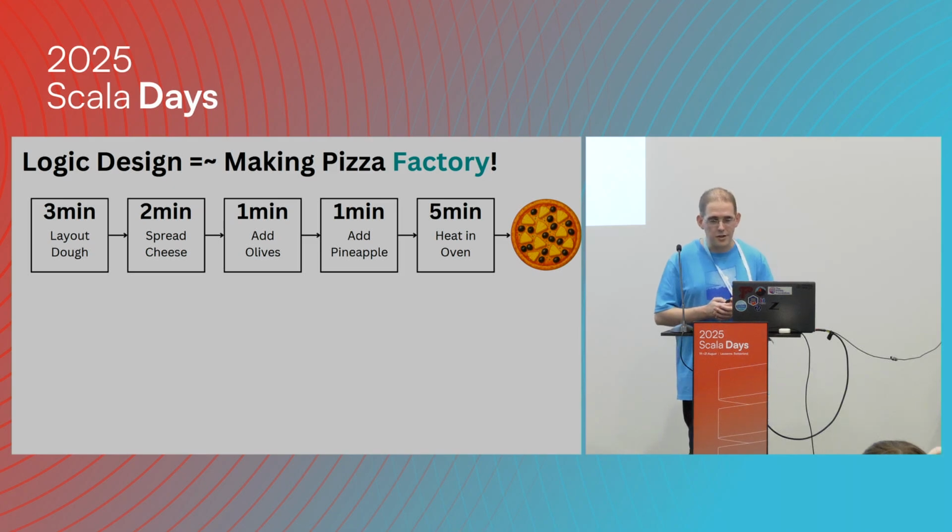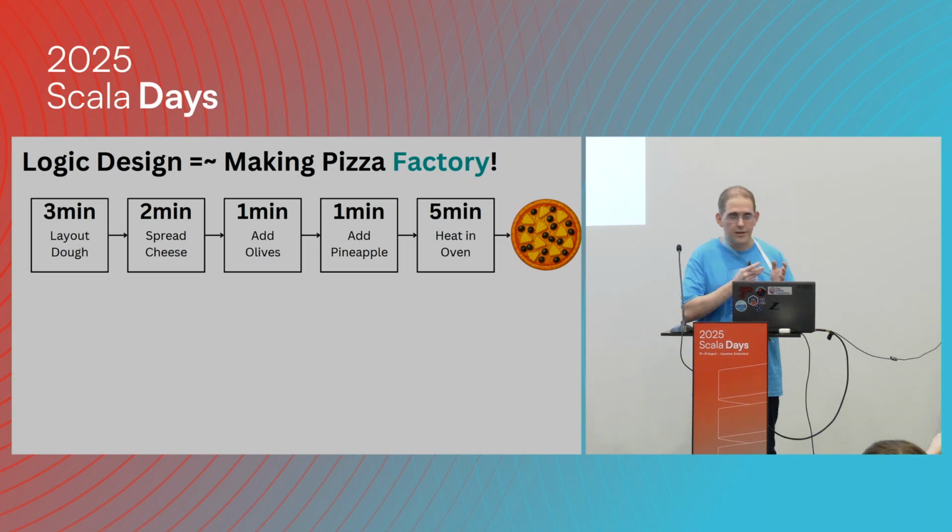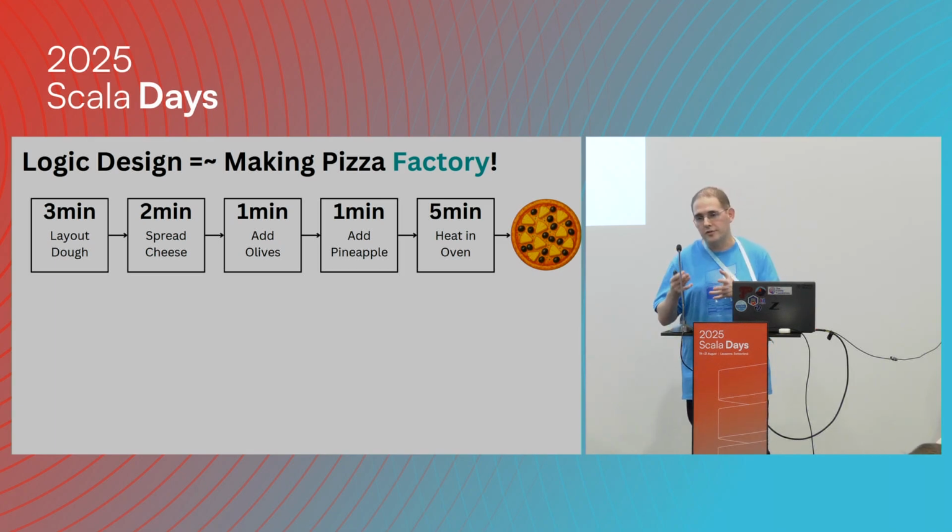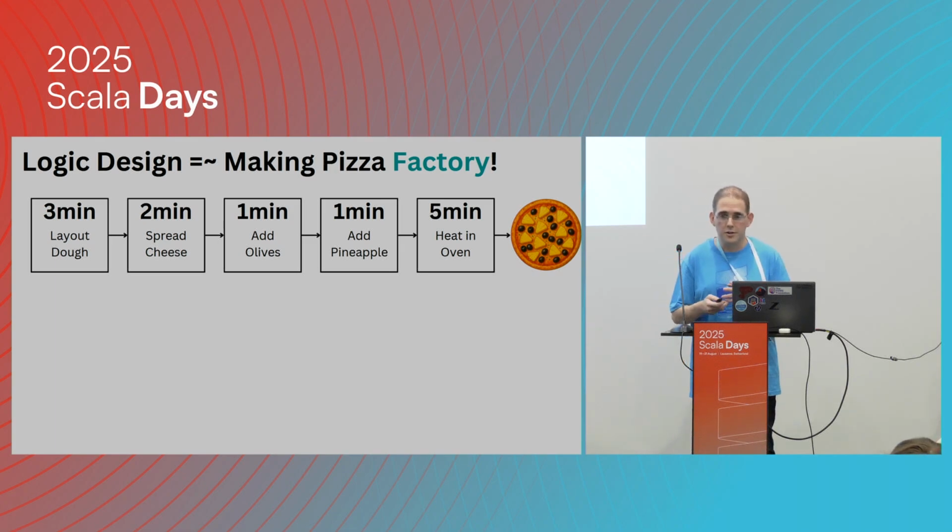So hardware is actually making a pizza factory, making an assembly line. If we take those operations and chain them, and say each part of this chain can work concurrently, then we're actually doing an assembly line. Now we need to know how to divide the work between the stations.